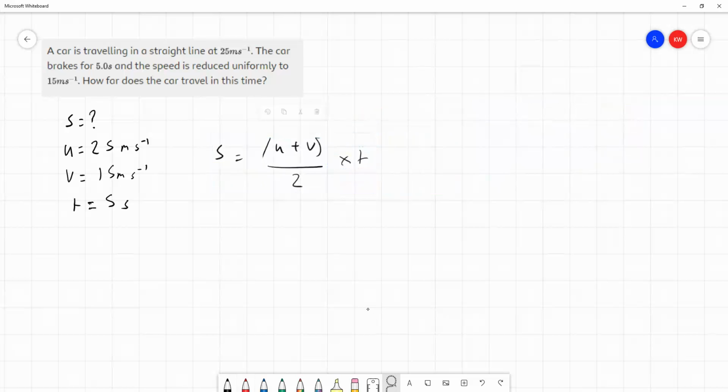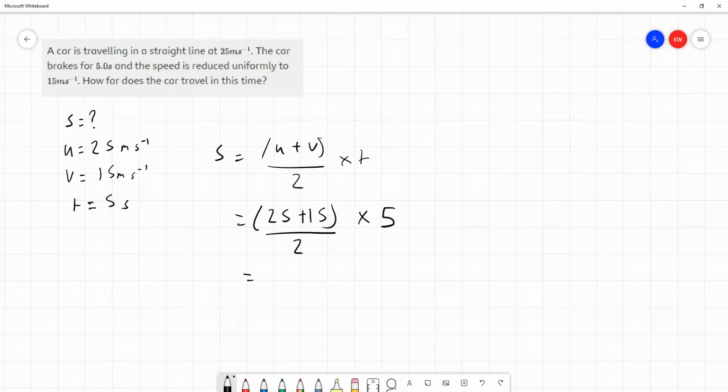So we can use this equation for distance, and all of our units are correct. They're all in meters per second or seconds. So we can put them directly in to say S is equal to, in our bracket, we've got 25, that was u, plus 15, divided by 2, times our time, which was 5.